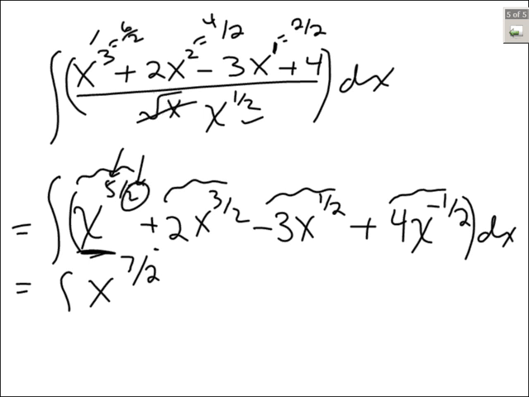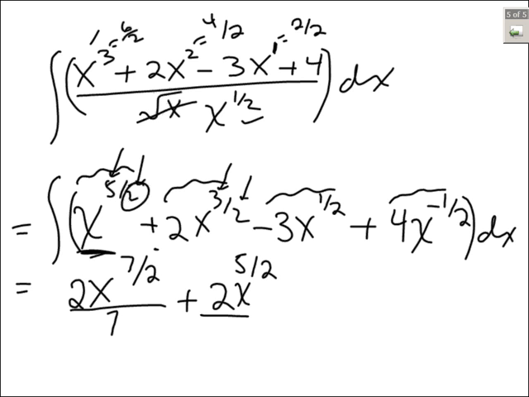And since we are integrating, we should have that symbol there. And then we divide by that same power, 7 over 2, plus 2. I add the 3 and the 2, I get 5. And I divide by 2. And then I divide the whole thing by 5 over 2.